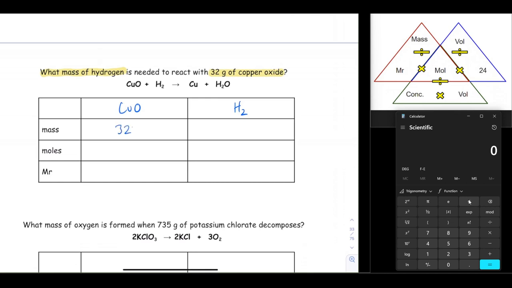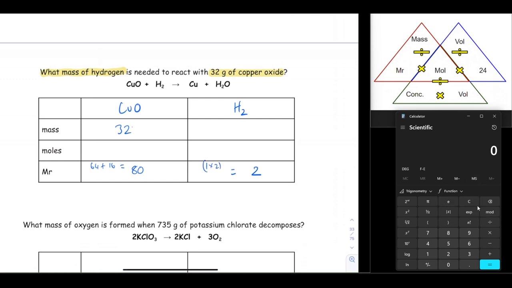The MR of copper oxide is 64 for copper, plus 16, that gives me 80. And hydrogen is 1 times 2, which is 2.